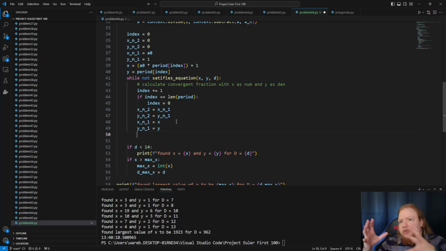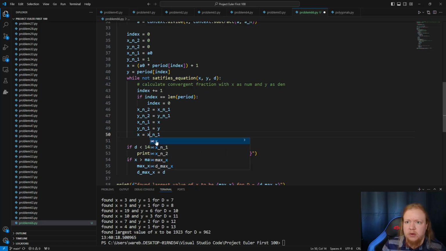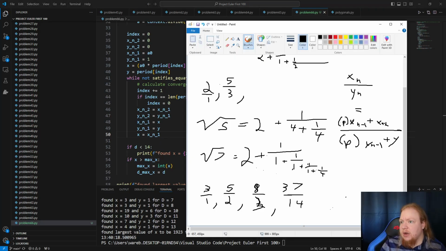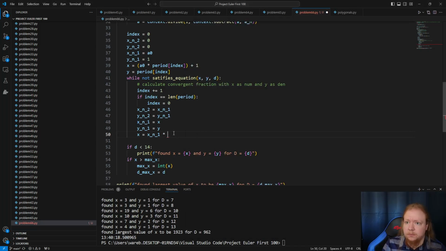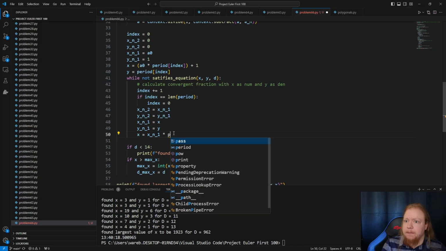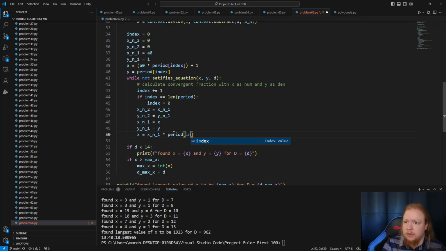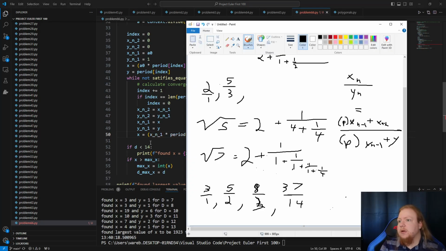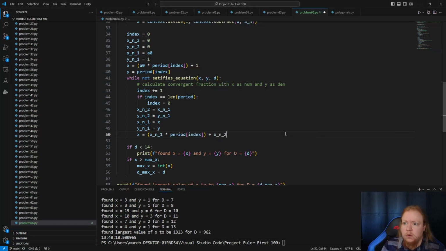Basically what I'm doing here is I'm just sort of scooching the numbers back, and now I know that x is equal to x n1 times period at index plus x n2. Same thing for y.